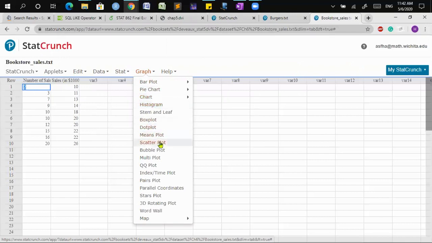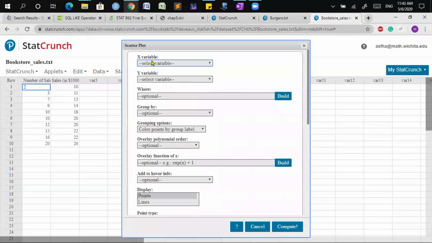It's here, scatter plot. Okay, then here it's asking us what is our X variable and what is our Y variable. So the X variable is the number of salespeople, and the Y variable is sales.